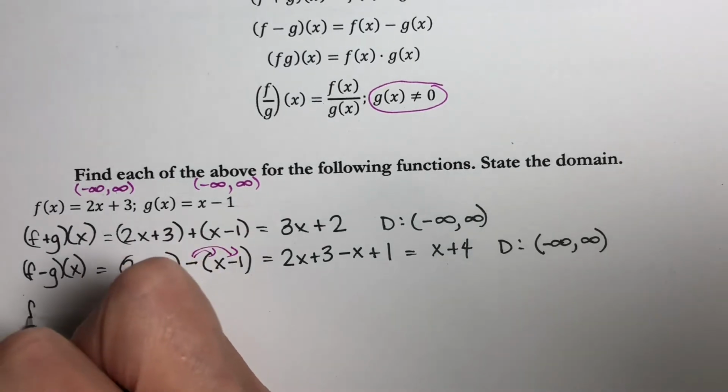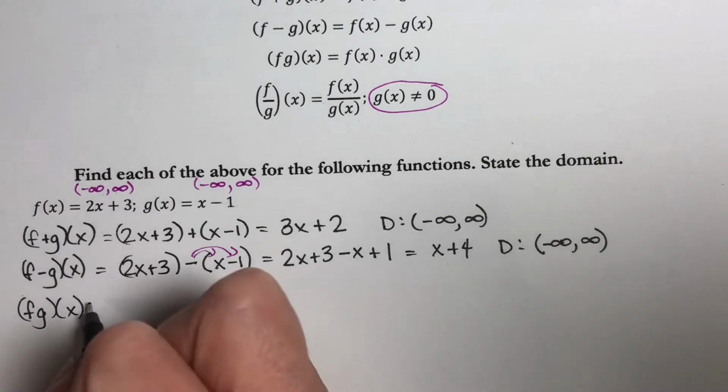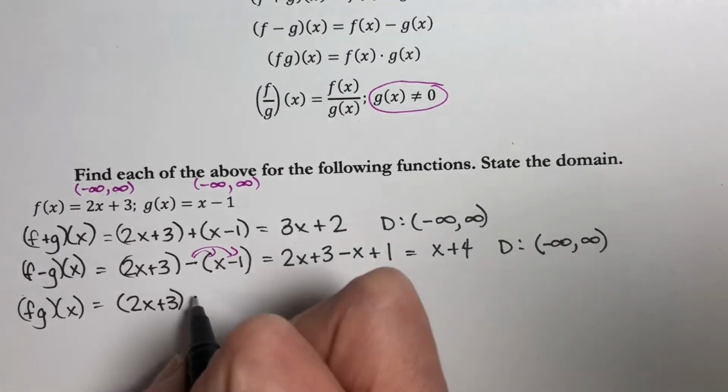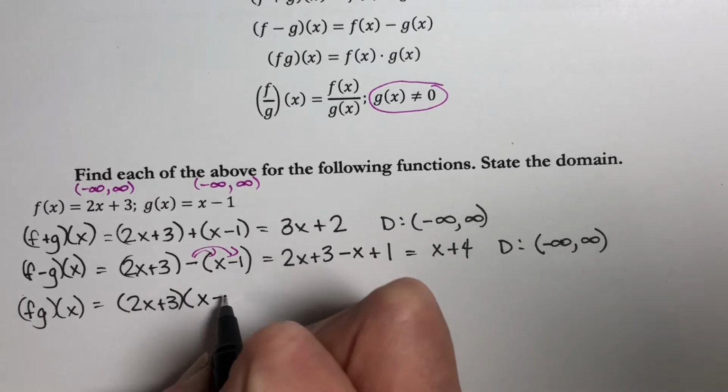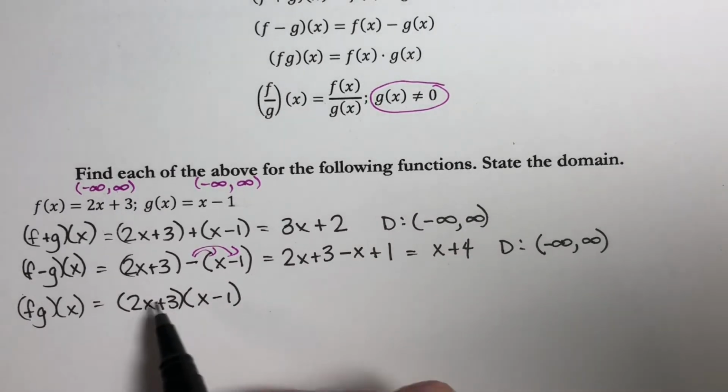Okay, so let's find fg of x. So that means I find f of x, which is 2x plus 3, and I'm going to multiply that with x minus 1. Now let's distribute, combine like terms here.